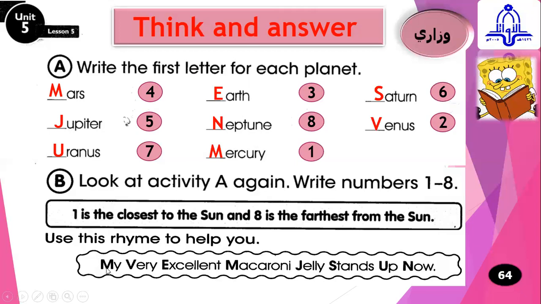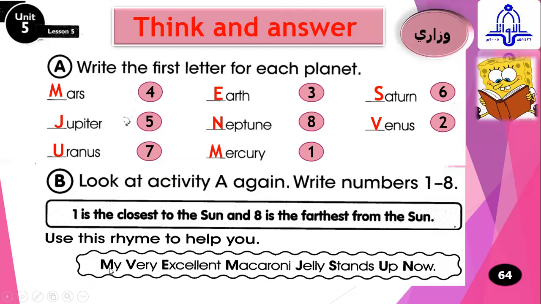Just remember the rhyme, and the first letter of each word will help you to know which planet you want. يعني نحن نحفظ هذه العبارة. أول حرف من كل كلمة يذكرني بالكوكب. My very excellent macaroni jelly stands up now. Again, my very excellent macaroni jelly stands up now.